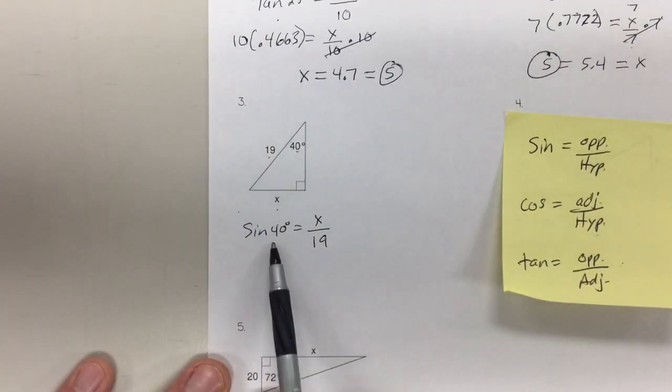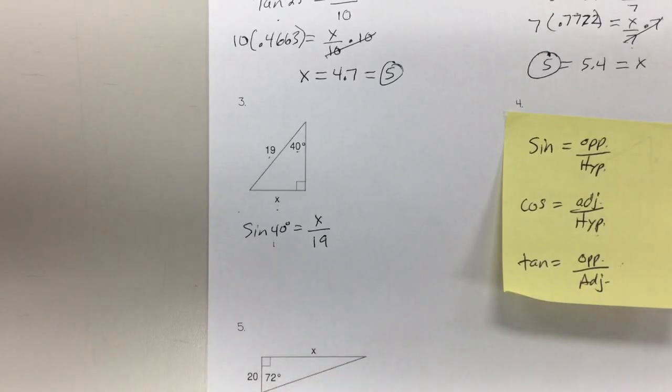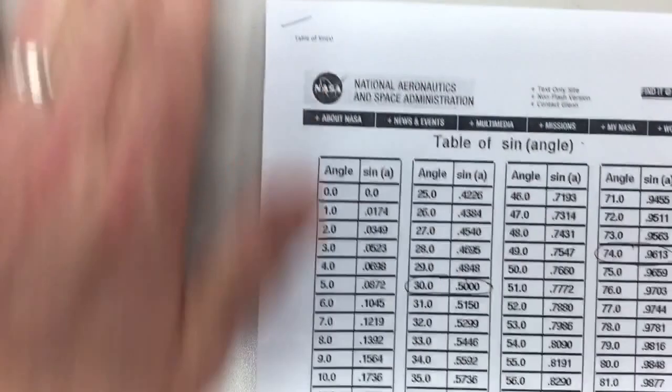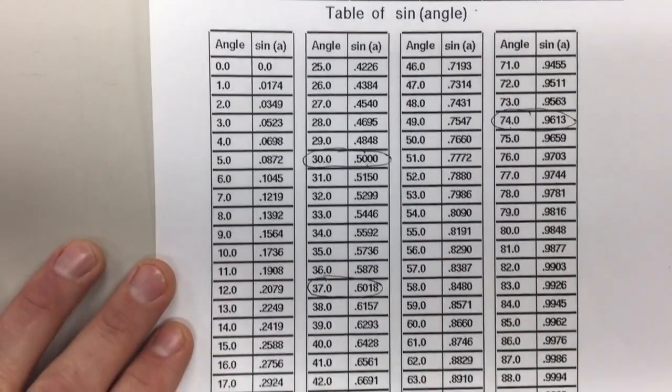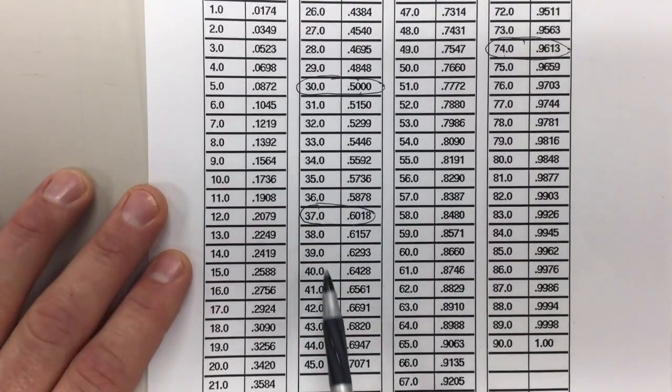Again, I'm going to look up and replace sine of 40 with a decimal. So on my sine table, I'm going to go to 40 degrees, which is 0.6428.